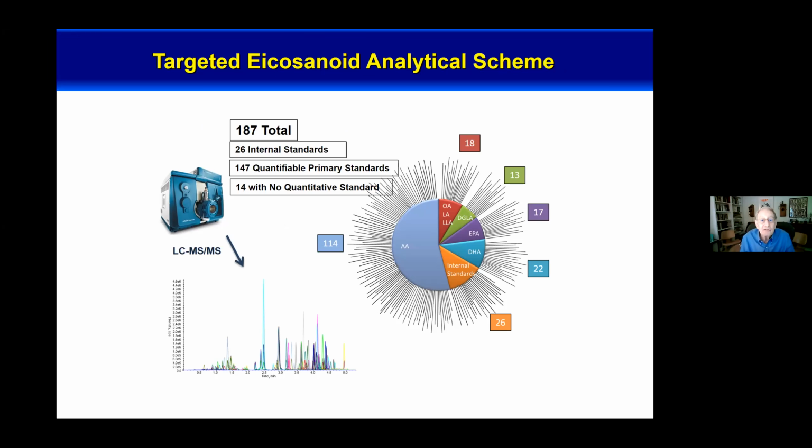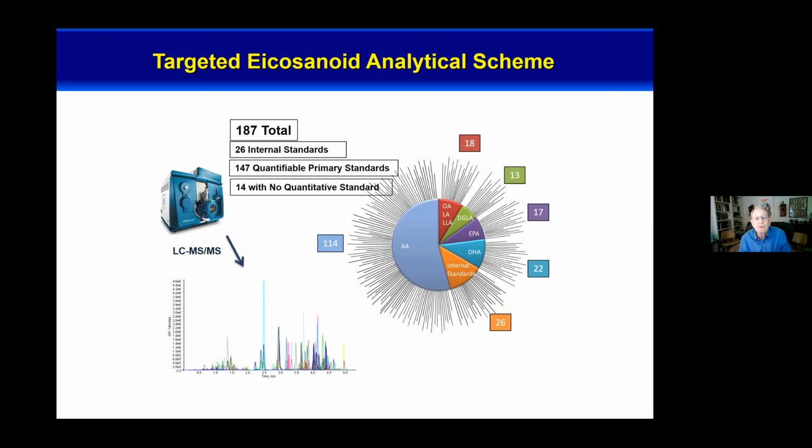Now, in our standard eicosanoid analysis, we look at some 200 eicosanoids and related oxylipids in a 5-minute UPLC run that we have developed. About half of the eicosanoids are derived from arachidonic acid, as shown symbolically here. The other half are derived from fatty acids of 18 carbons, 20 carbons, as well as 22 carbons like DHA. And we include 26 internal deuterated standards in the mix.